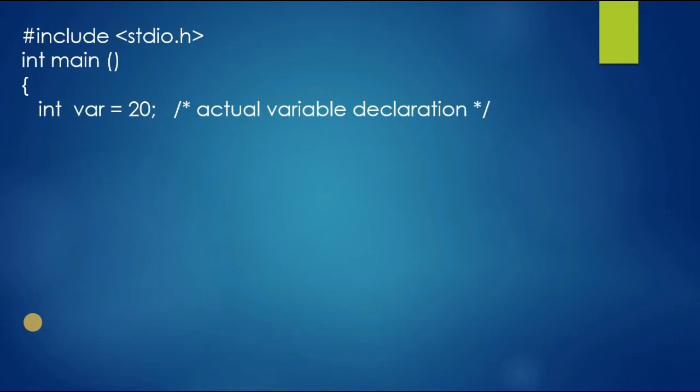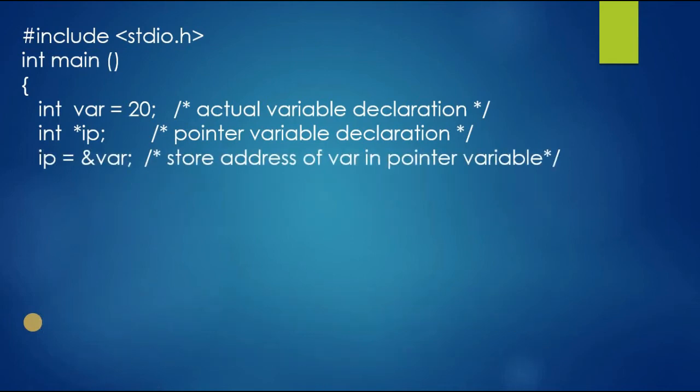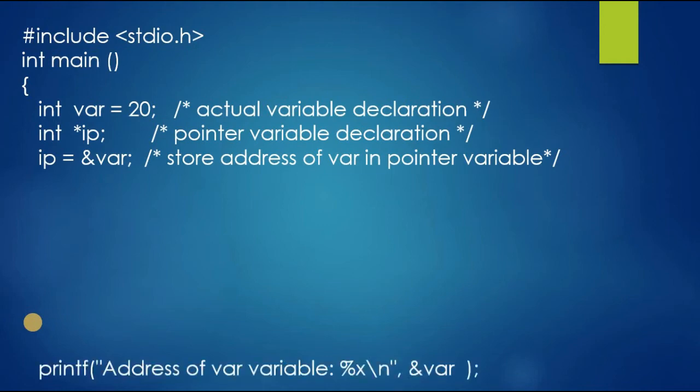Then we declare an integer type pointer, the pointer name is ip, and we store the address of the var variable in the pointer variable, that is ip is equal to &var.